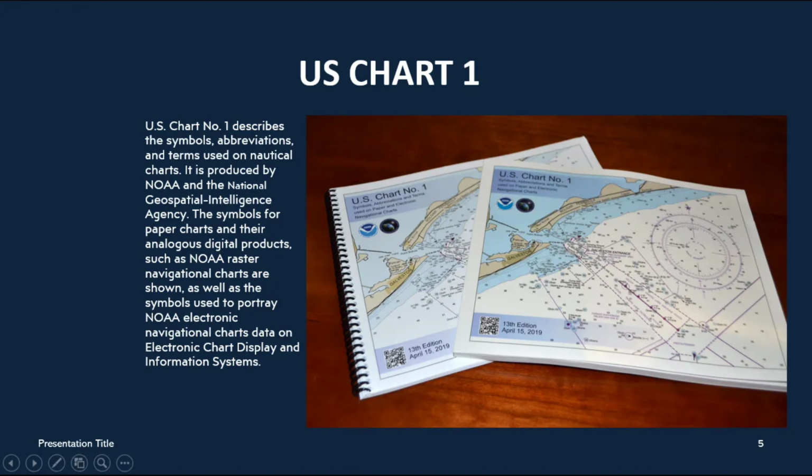The symbols for paper charts and their analogous digital products, such as NOAA raster navigational charts, are shown, as well as symbols used to portray NOAA electronic navigational charts on Electronic Chart Display and Information System, or ECDIS.